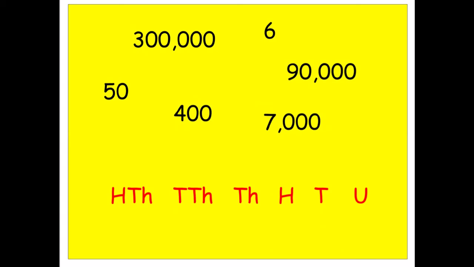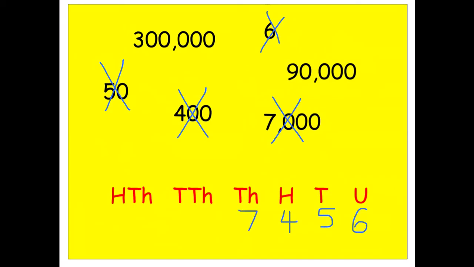We'll begin with our smallest value, 1 digit, which is our units. There were 6 units. Then my tens, which has 2 digits. There's 5 of those. My hundreds has 3 digits. There's 4 of them. On to my thousands. There's 7 of those. They have 4 digits. Then my tens of thousands.